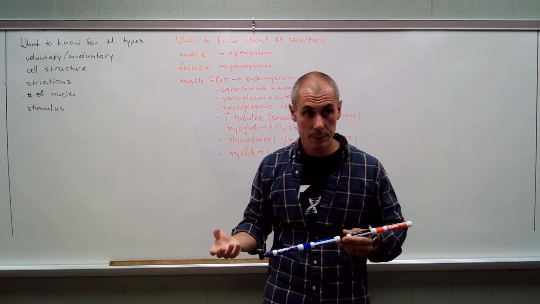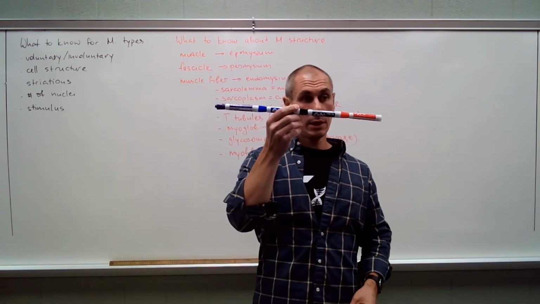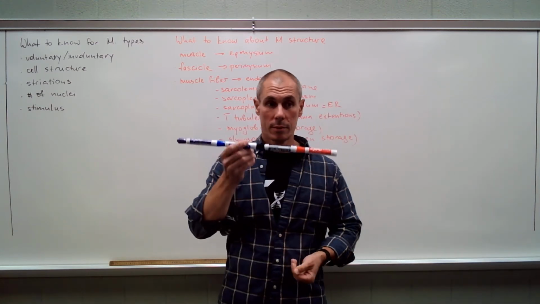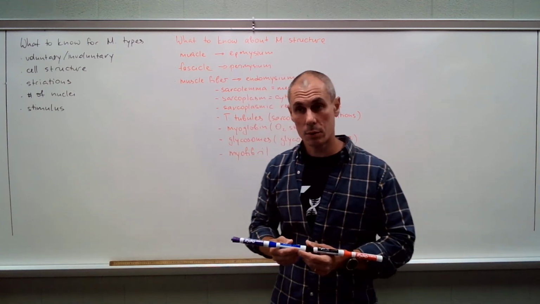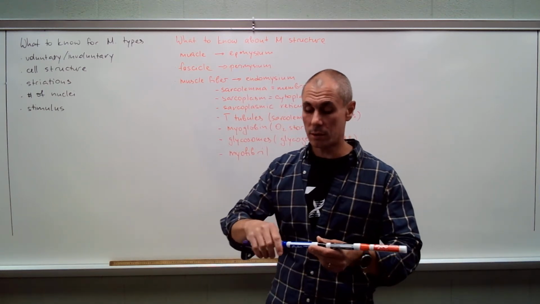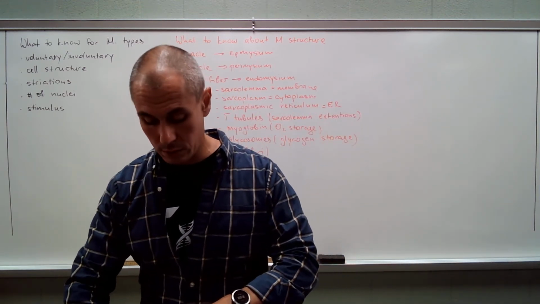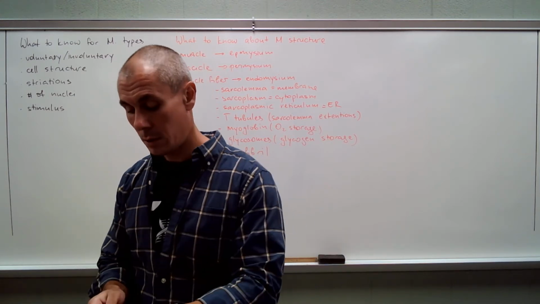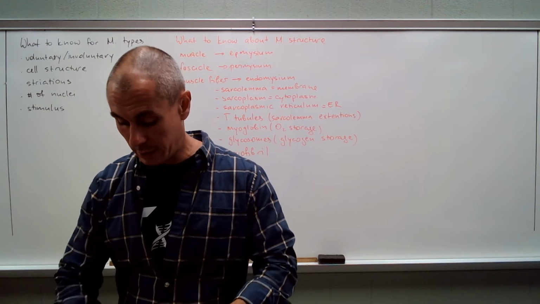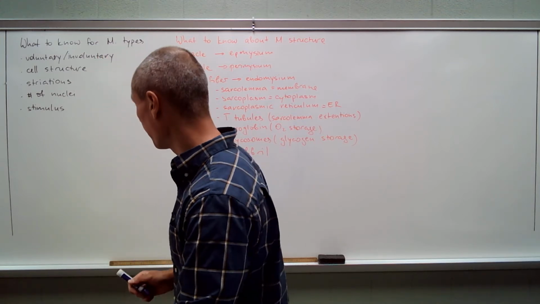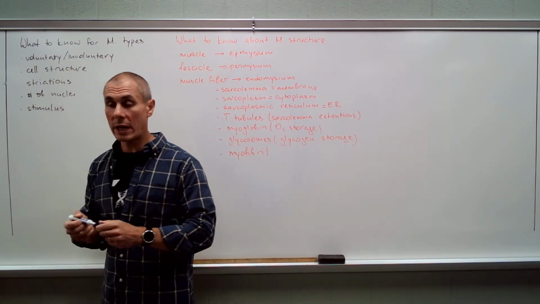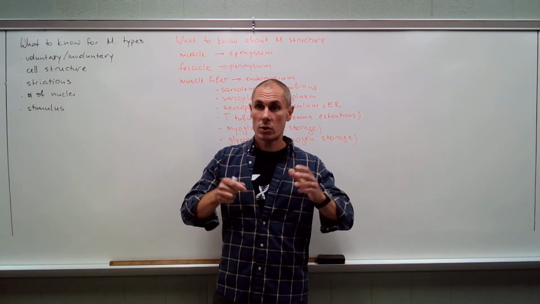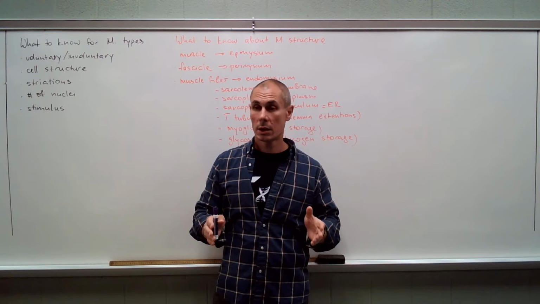Does that make sense? I deliberately made my representation of myofibril from several markers, because myofibril consists of individual contractile units called sarcomeres. When I say contractile unit, it means the whole sarcomere contracts.